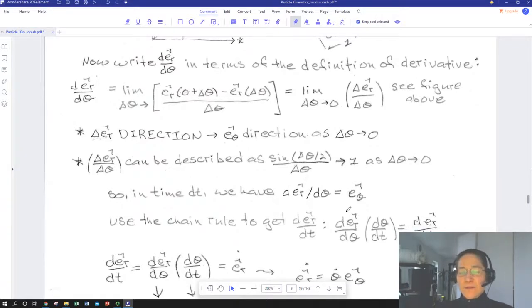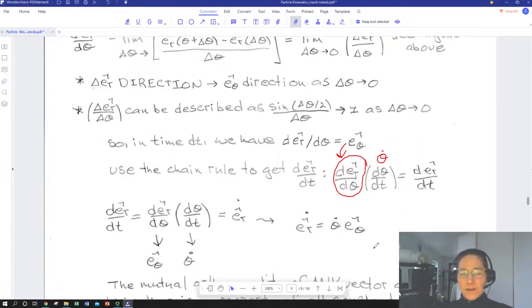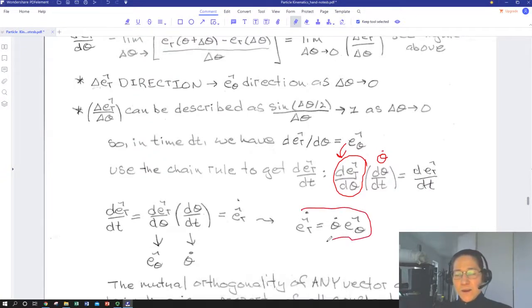So this term here, we just said was that. So we apply the chain rule, and we know that this term is theta dot. So now we're basically back to our expression that we derived with the sine and cosine theta with our Cartesian trig expression before.